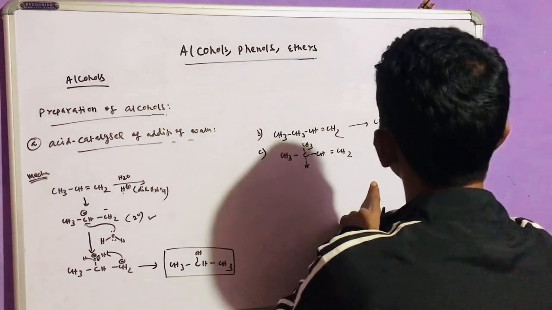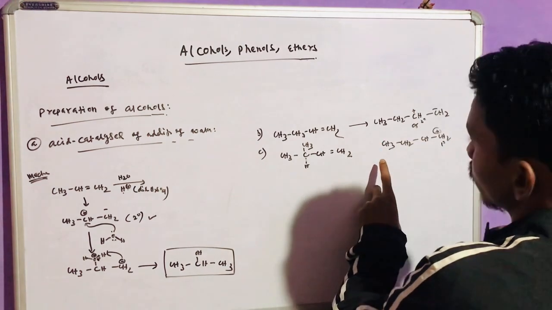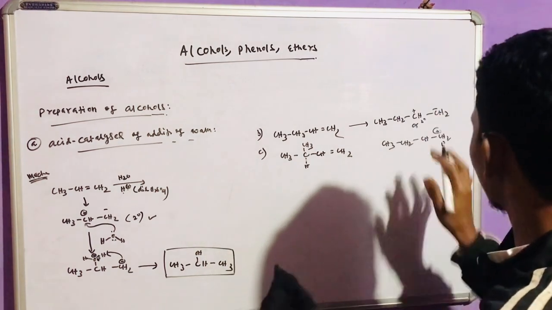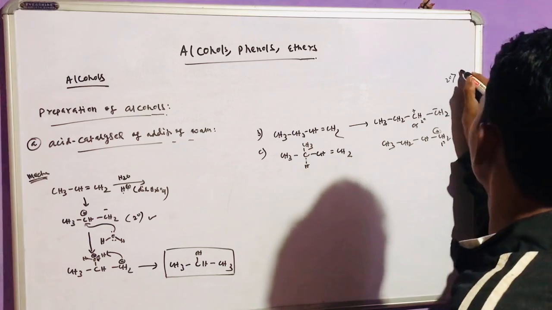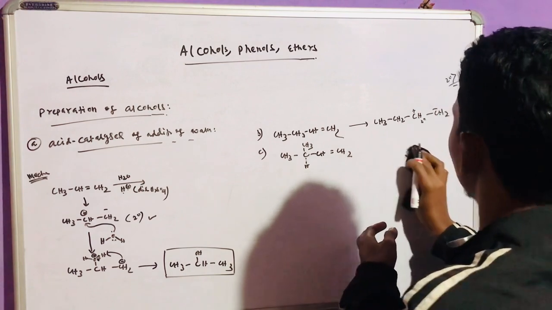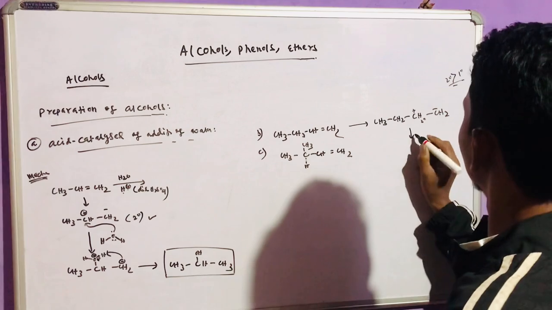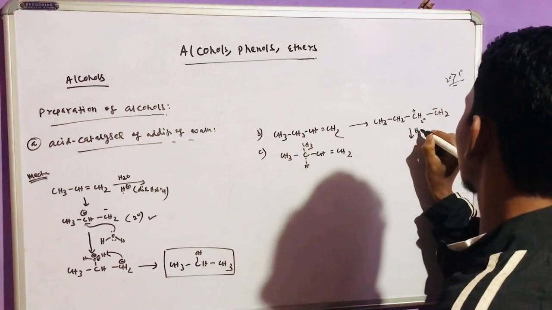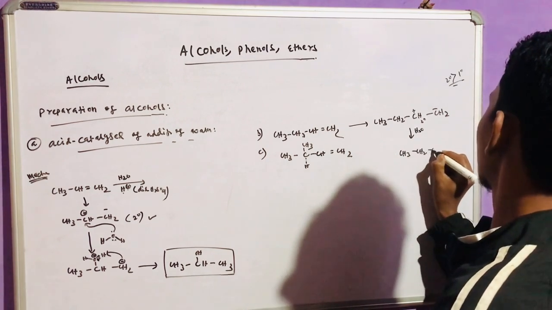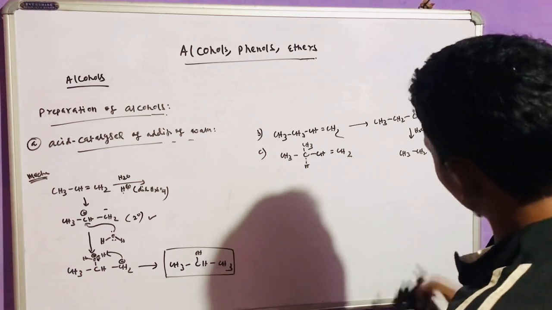This is 2 degree and this is 1 degree. Since 2 degree is preferred over 1 degree, the 1 degree will not form, so just erase it. Now water will attack, so it will form CH3 CH2 CH OH CH3. Okay.